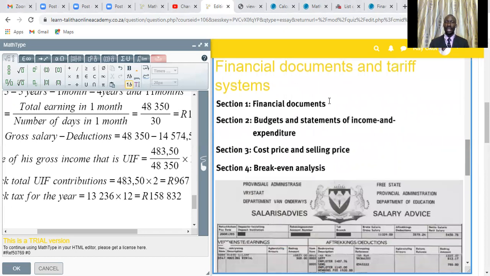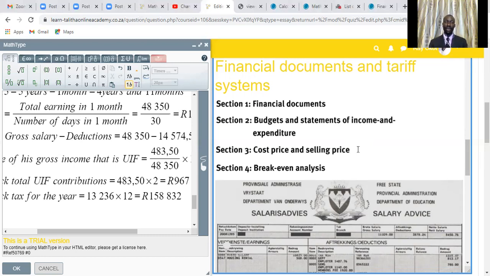After understanding financial documents well, the concept of budget and statements of income and expenditure will not be an issue. Also, the element of cost and selling price for those in businesses. You buy an item at this amount of money, you're selling it at the other amount of money, or you're producing this and it is costing you this amount of money, and then you are selling it at the other amount of money.